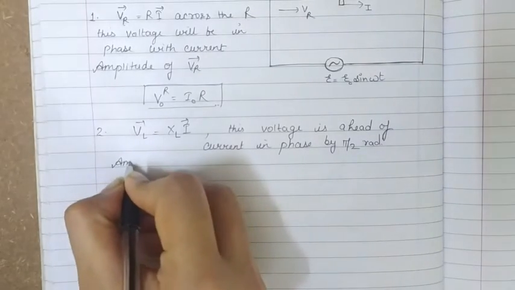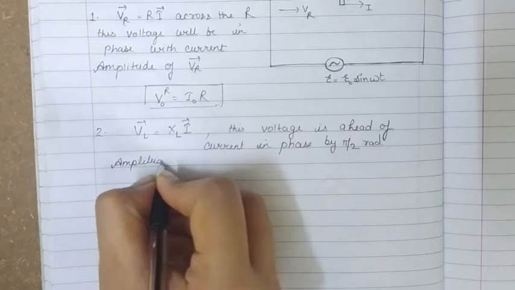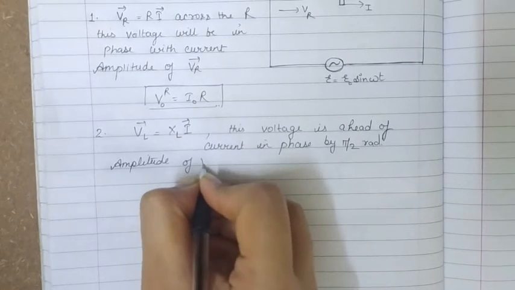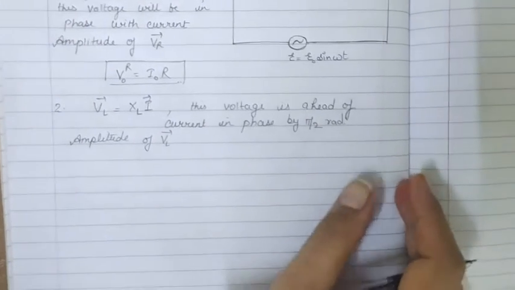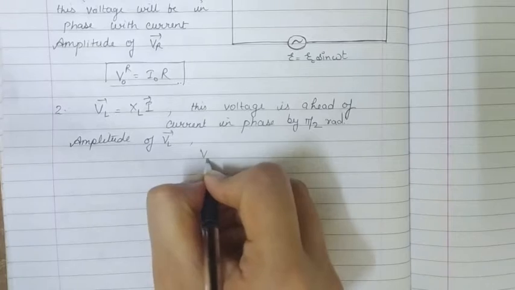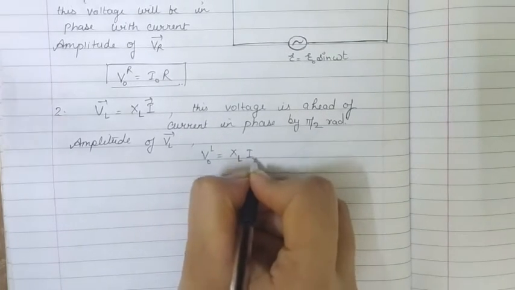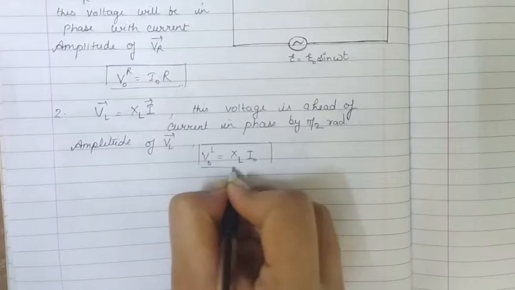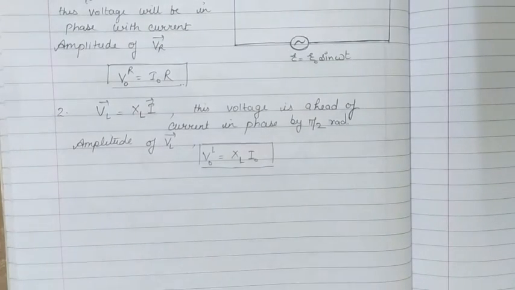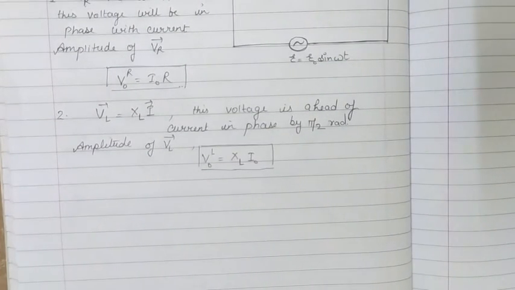Its amplitude is V naught L is equal to XL I naught. This is the peak value of the voltage VL.